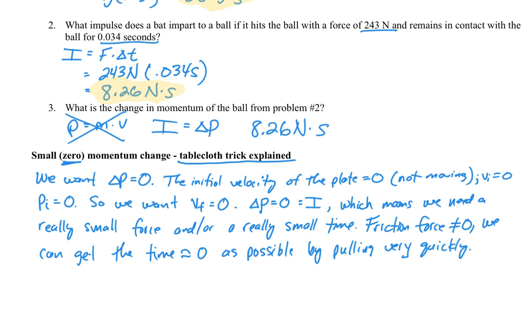If we pull slowly, it won't work. So if we pull very quickly, that means delta t is about 0, which means that the impulse is about 0, which means that the change in momentum is about 0, which means that the final velocity will be about 0. And that's what we want for a small momentum change. And that explains the tablecloth trick. So let's take a look and see what that looks like.